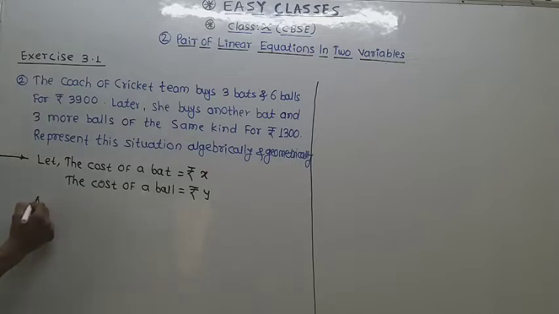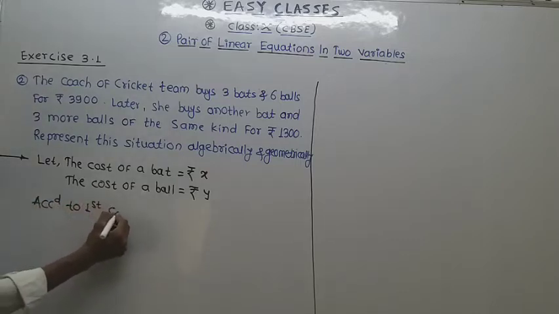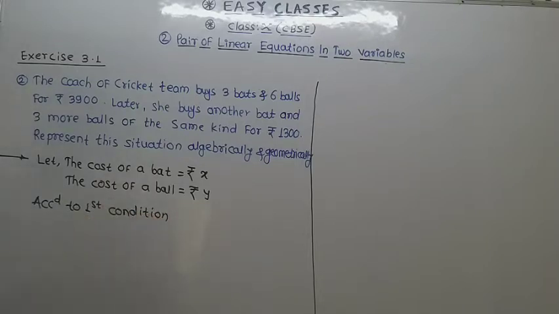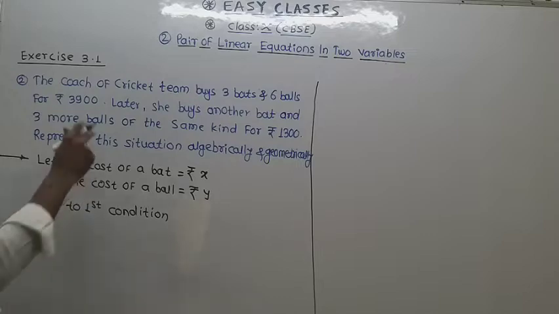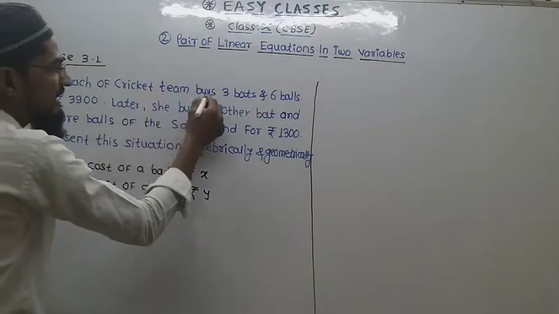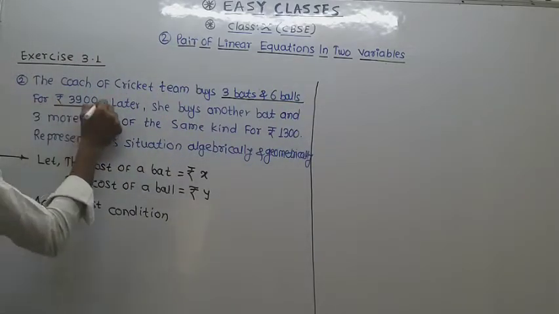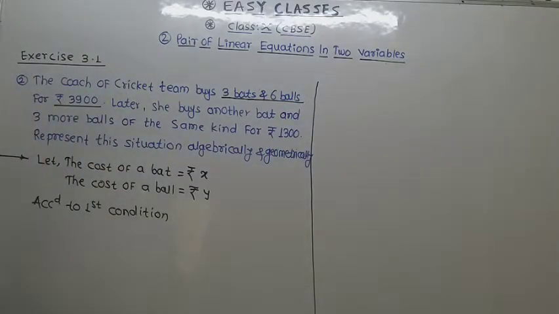Now, according to the first condition, what is the first condition? The coach of the cricket team buys 3 bats and 6 balls for rupees 3,900.